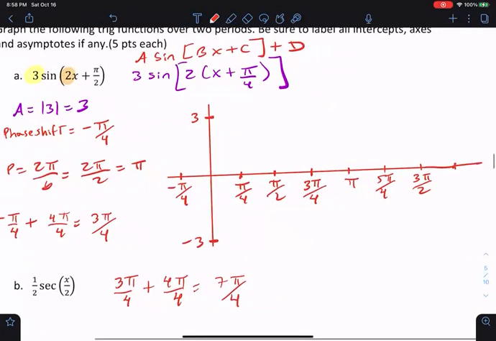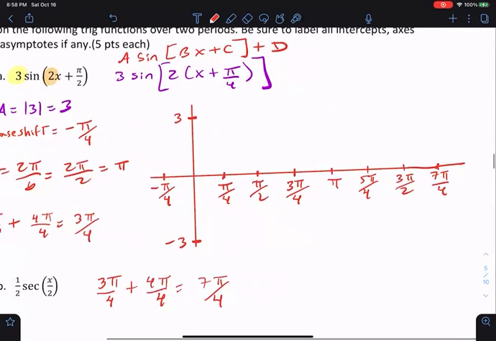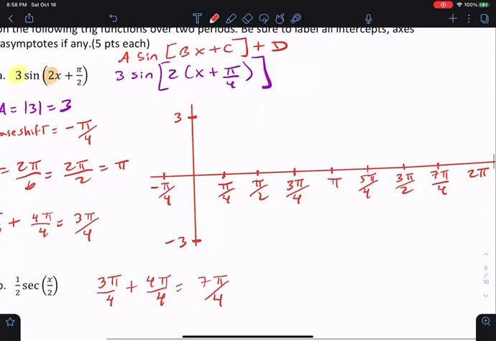And 8 pi over 4 will be 2 pi. Somewhere around here. Let me fix this line a little bit. Okay, that's what we have so far.